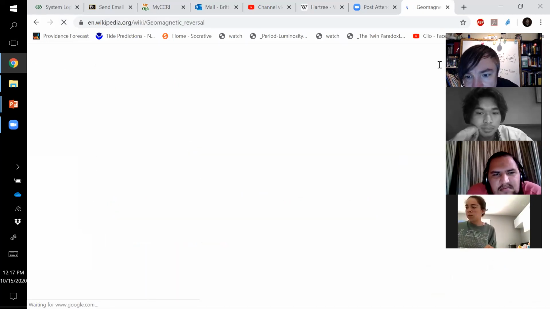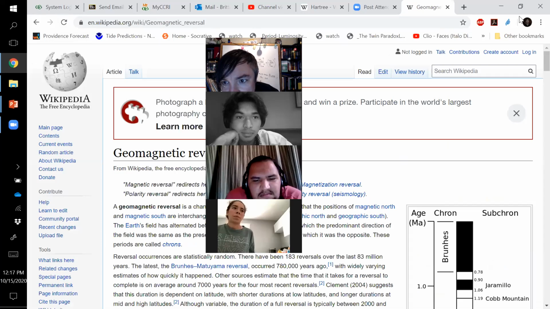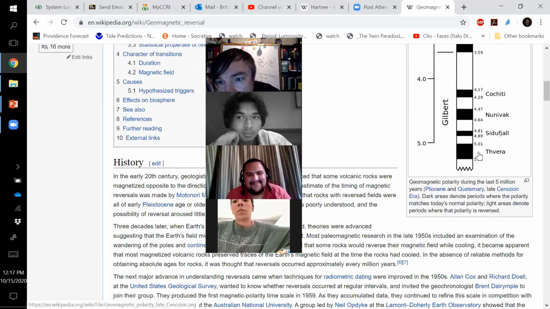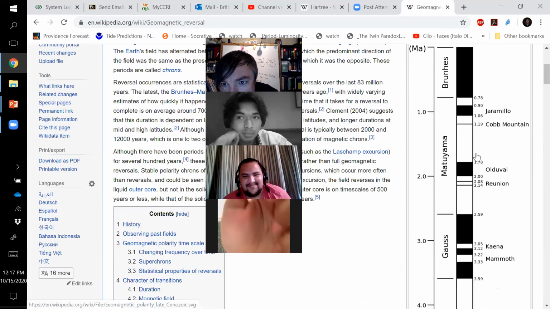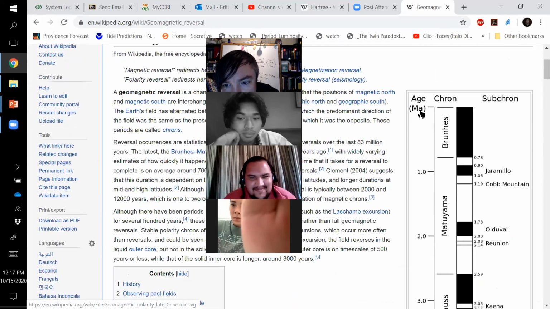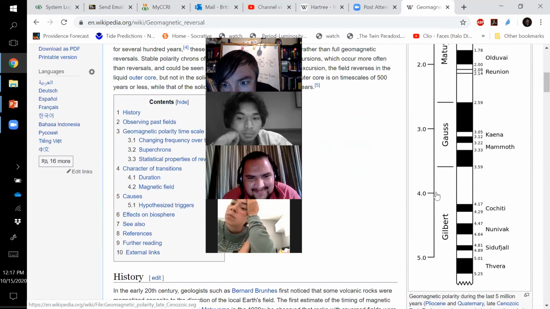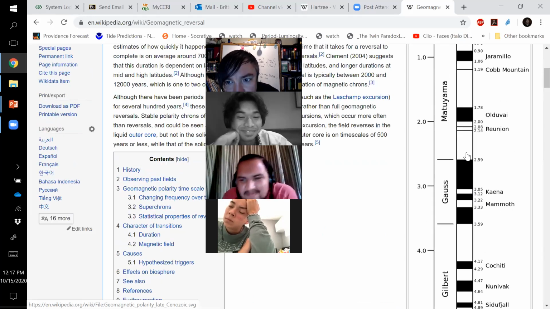I want to show you guys this. Do you see this graph here? I really wanted to show this to you. This is showing you the history of geomagnetic reversal in millions of years, starting from now up to 5 million years ago. Do you see how it goes black, white, black, white? That represents the north and south poles flipping and reversing.